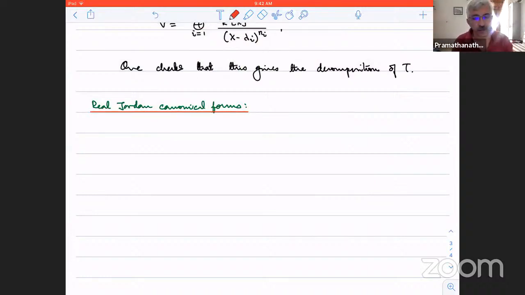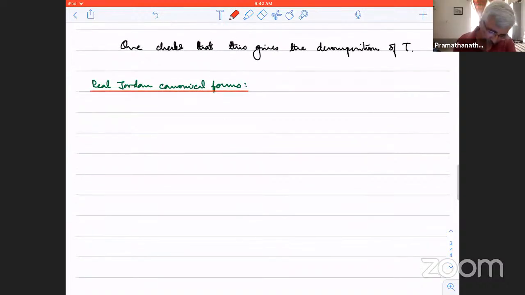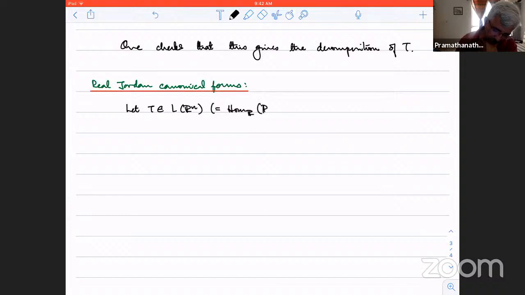Okay. So they're often just called real canonical forms. So, interesting real Jordan canonical forms. So let T be an endomorphism of R^n. Let me remind you that this is the same as that.